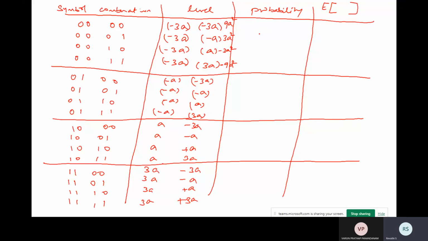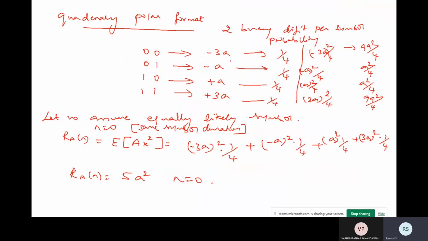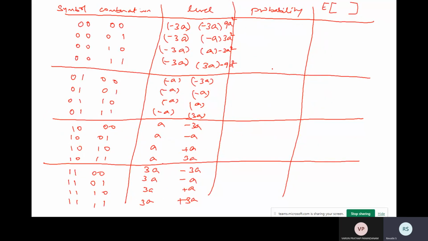Next is probability. In this probability, as we know, we have assumed equally likely symbols. We know the probability of generating 0 0, 0 1, 1 0, 1 1 are equally likely. So already we have said that 1 by 4 is the probability of generating each symbol. So coming to this symbol combination, the probability of generating this level in the first position is 1 by 4.